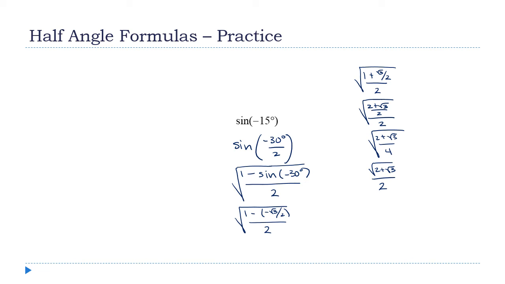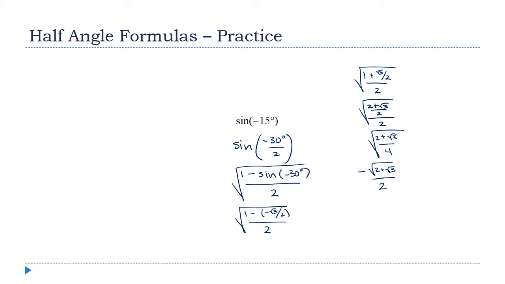And I see here I have to make a decision, again thinking about the signs. Negative 15 degrees is a fourth quadrant angle. Because it is a fourth quadrant angle, its sine is going to be negative. So I'm going to put a minus sign out in front here. There's my final answer.